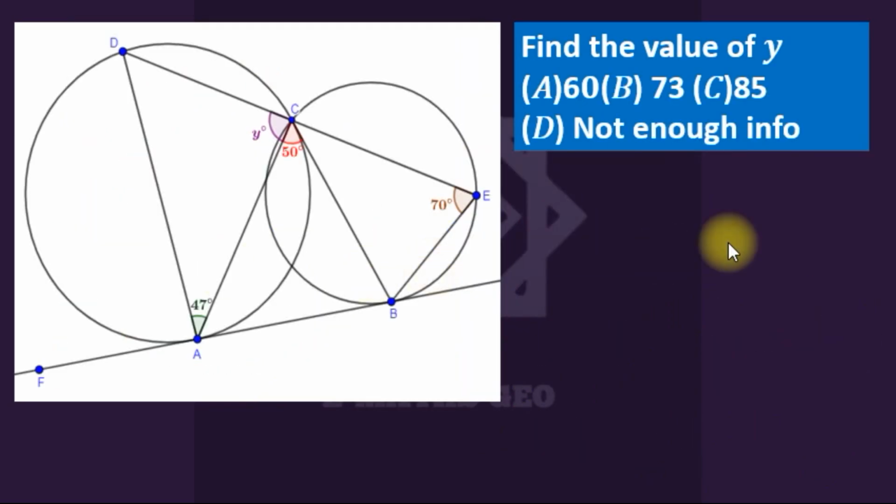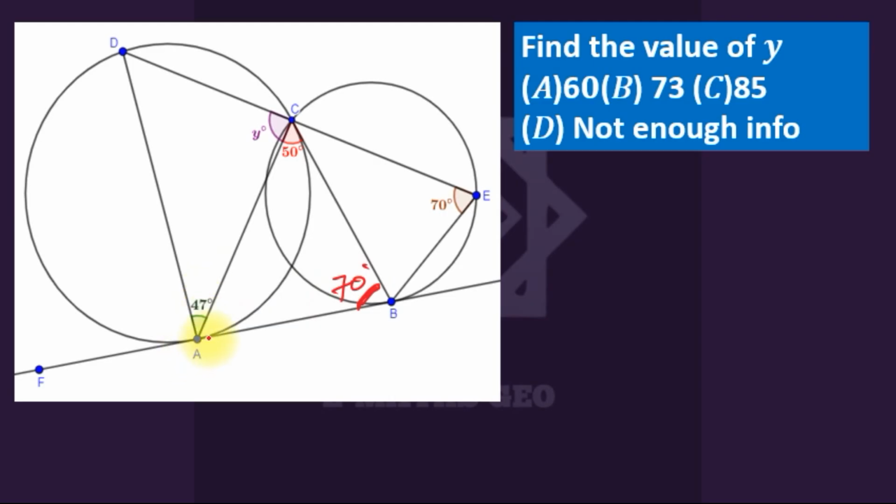We're asked to find the value of y. As you can see, I have two circles. Since I have a tangent line here, this is 70 by alternate segment theorem. And also this is y.